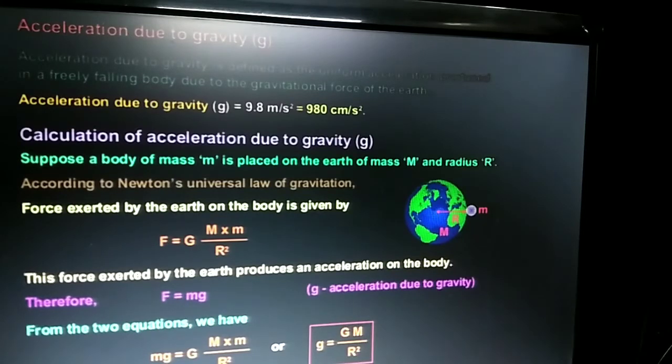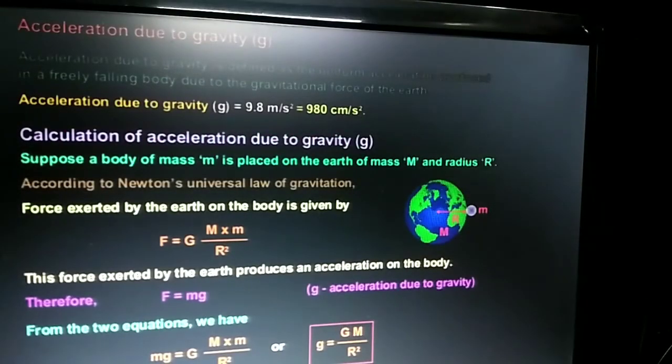If air resistance is neglected, the bodies which are falling down experience only one force acting on them, that is the force of gravitation of the earth. This force of gravitation of the earth is constant, hence it produces a constant acceleration in the body.